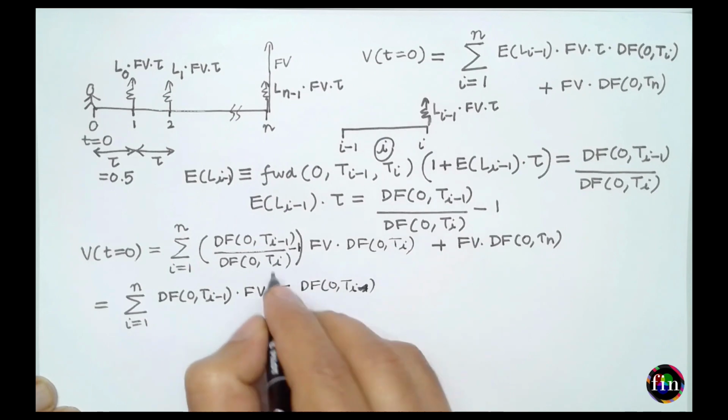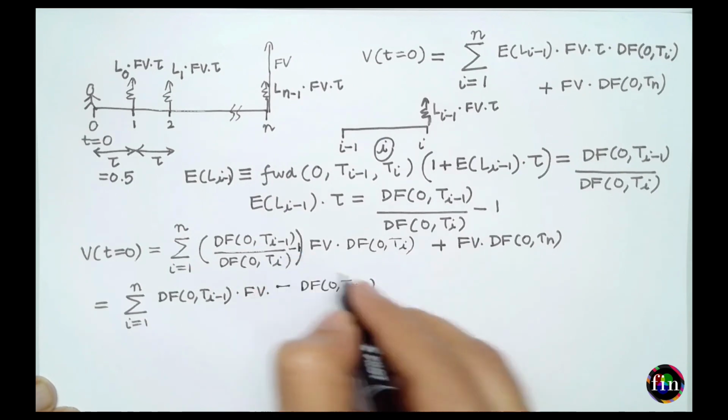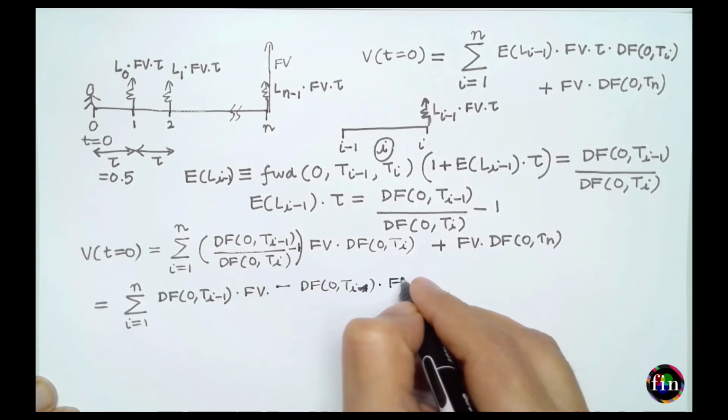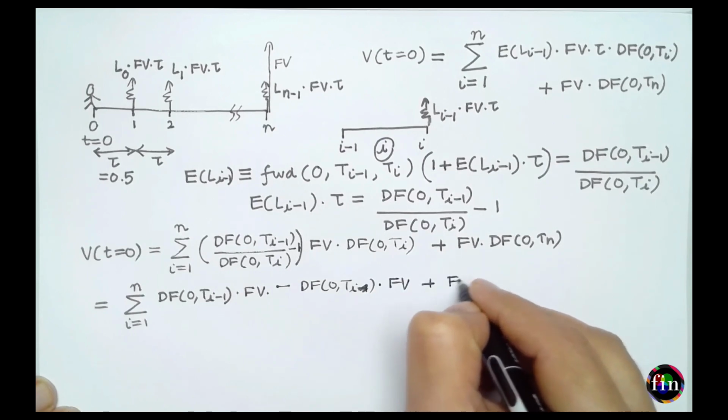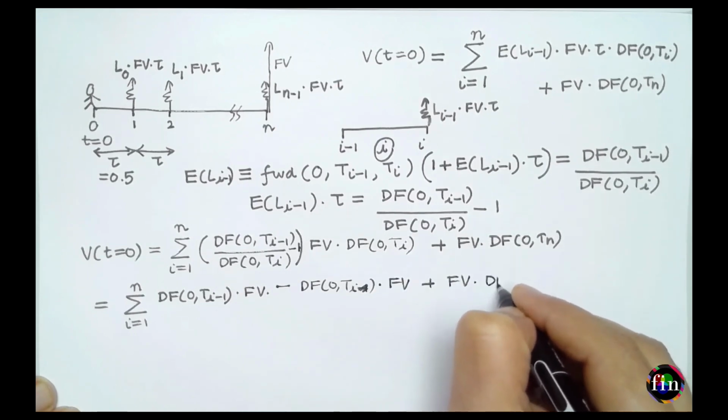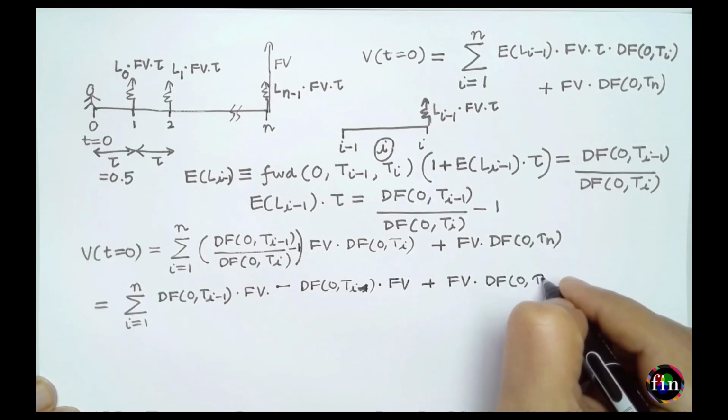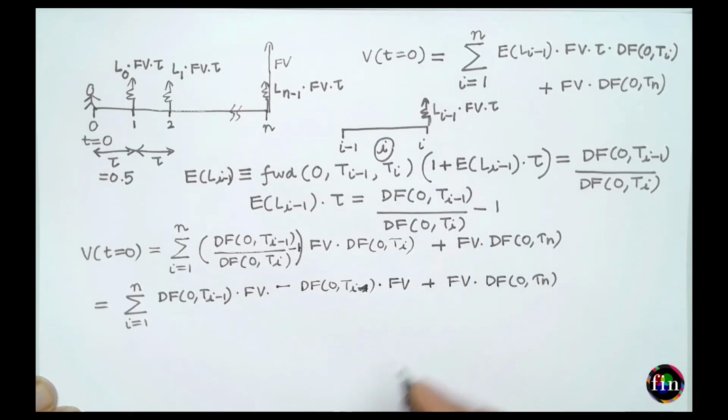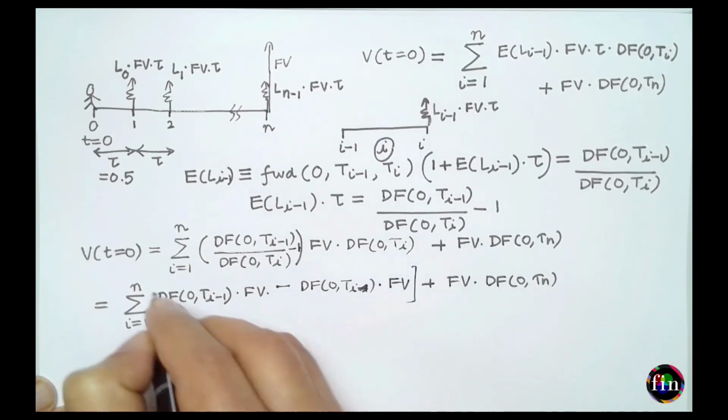So this will be df ti, I'm just multiplying with minus 1, times fv, plus fv times df from 0 to tn. So this is in the summation.